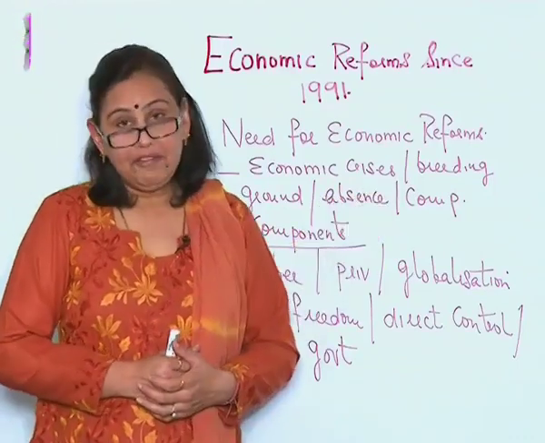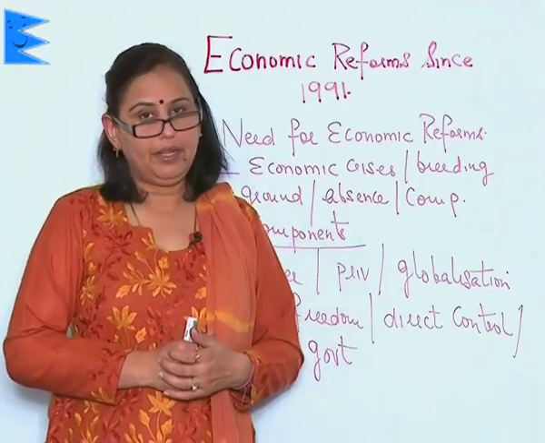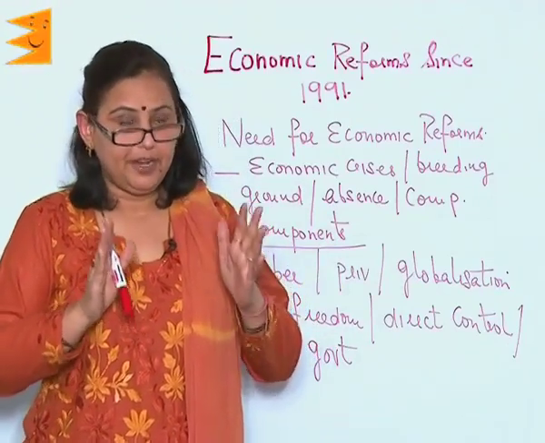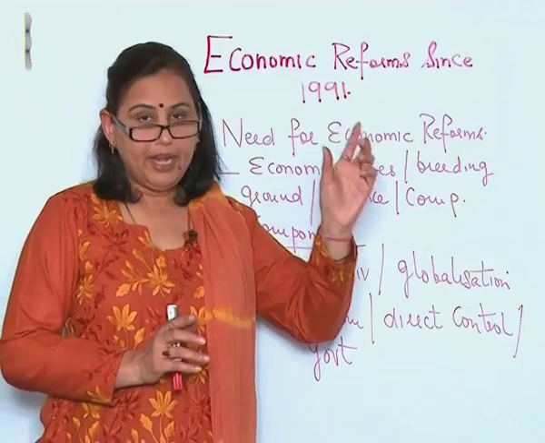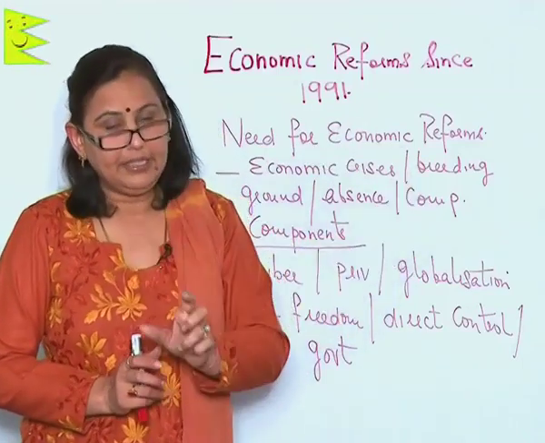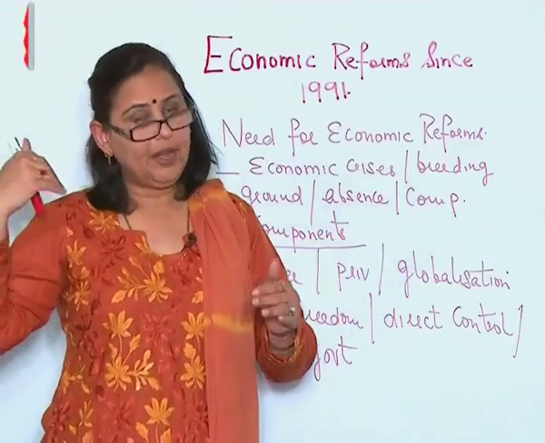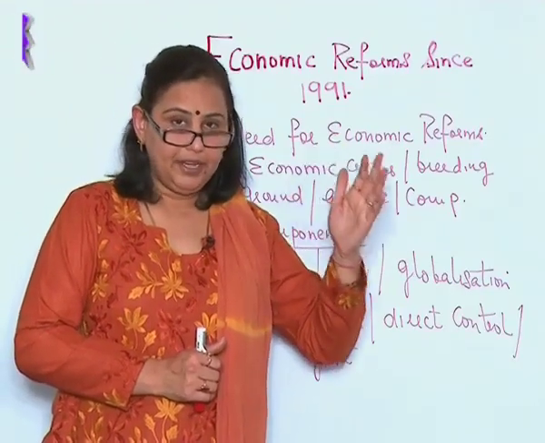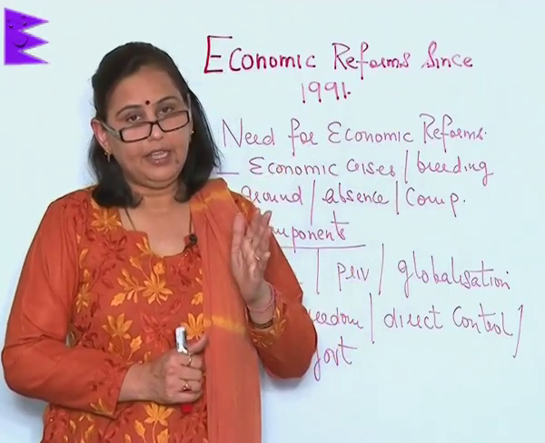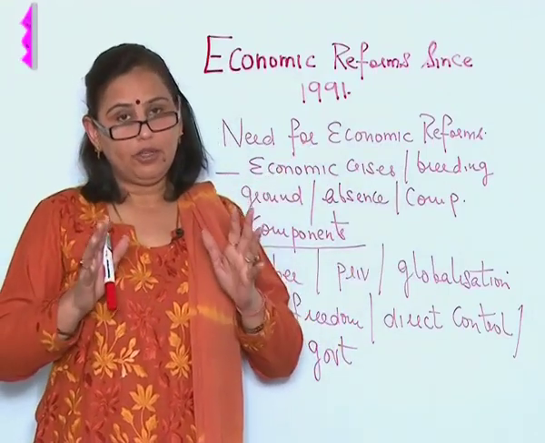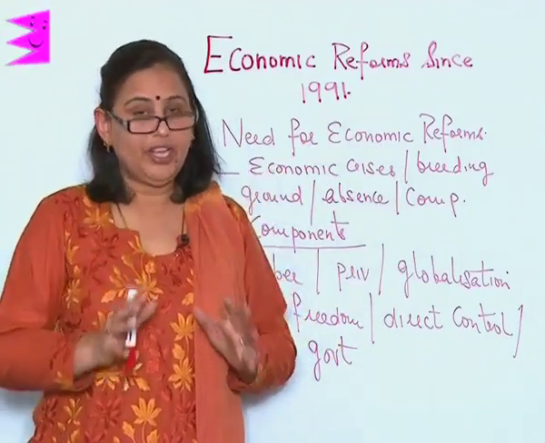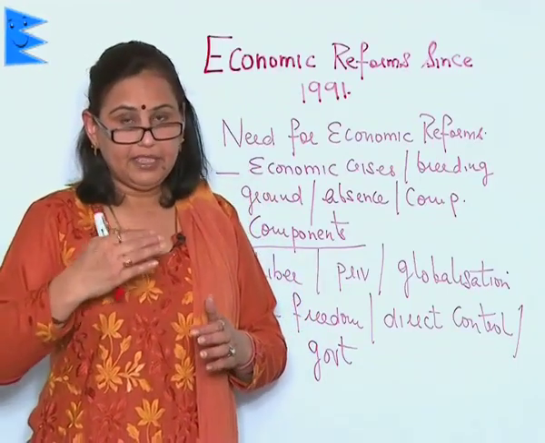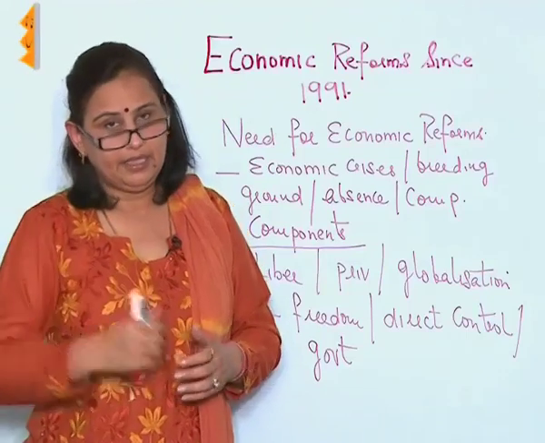Now, you have read in the previous two chapters that the government of India followed a different economic policy from 1950 to 1990 and 1991 onwards. In fact, the period from 1950 to 1990 saw a great emergence of the public sectors, and the private sectors were given a back seat.